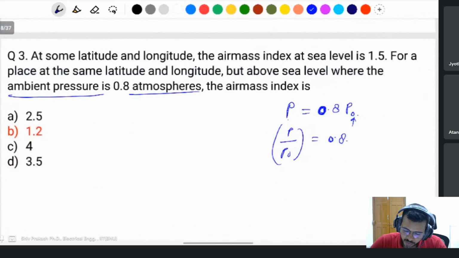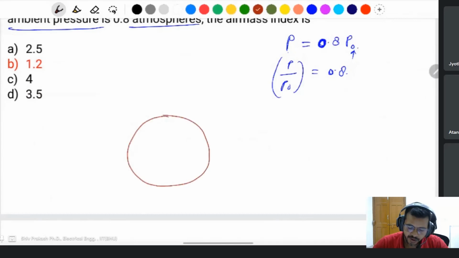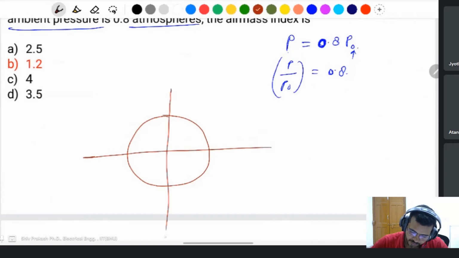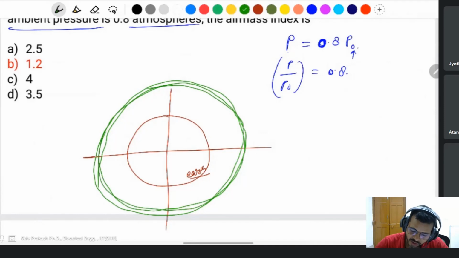Now this talks about the air mass index. Like if we take this one with the Earth point, this one with the axis. Some of the Earth atmosphere is also here. This one is the atmosphere of the Earth that's surrounding the Earth.